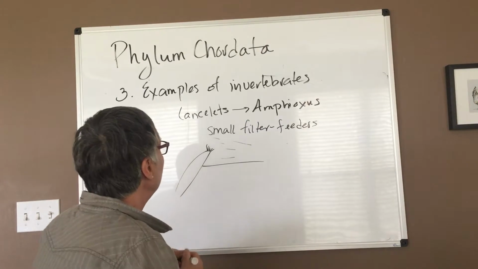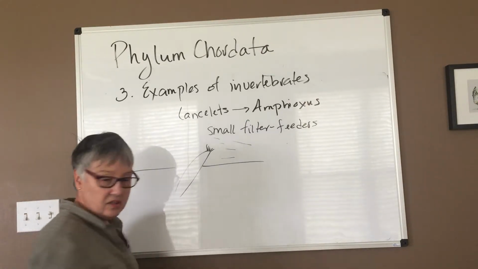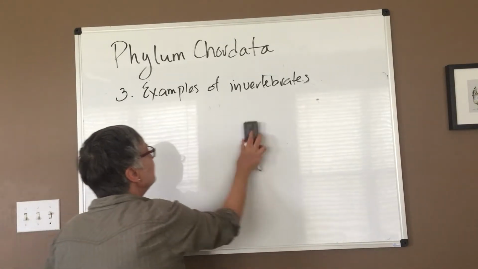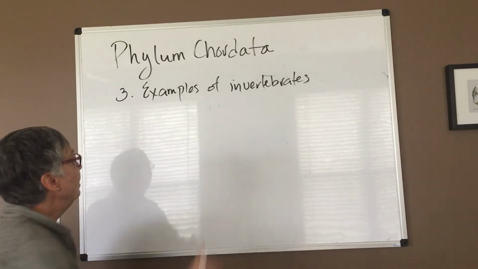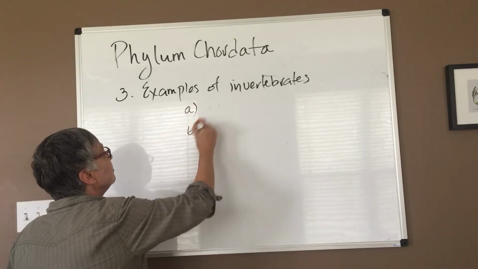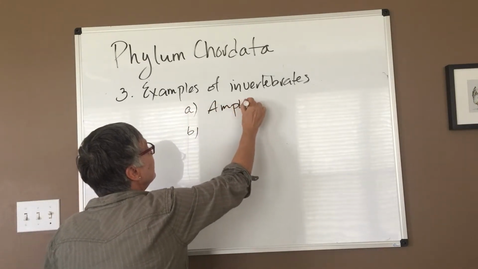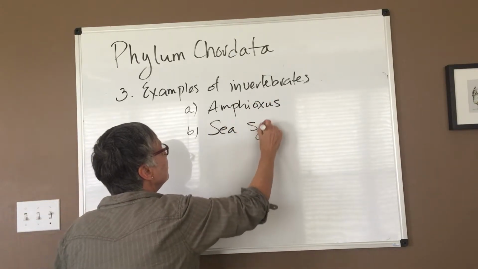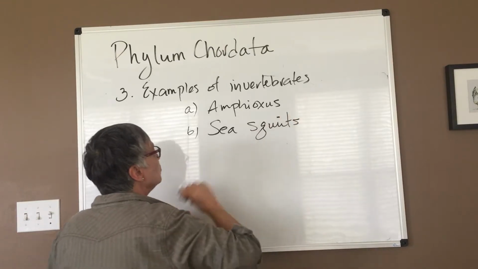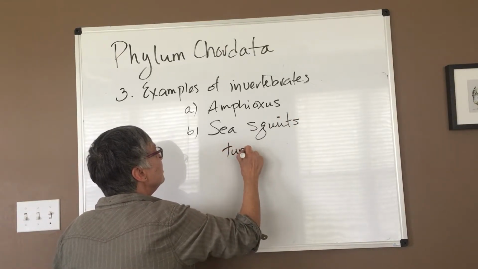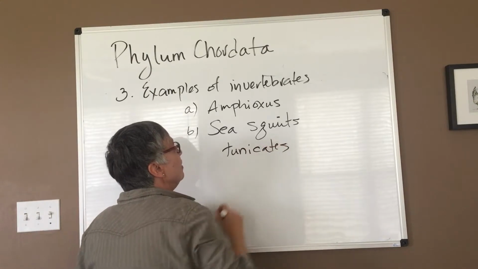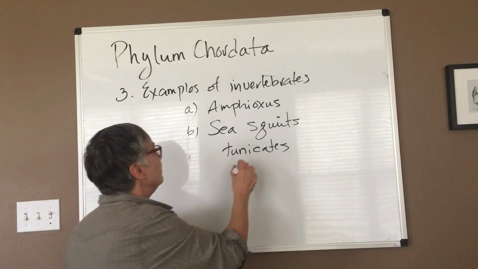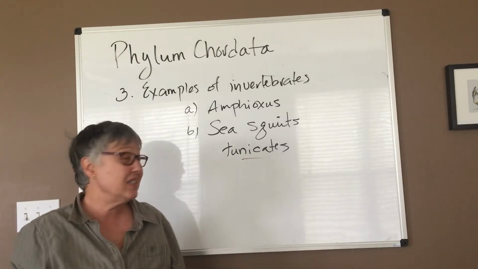All right, in addition to Amphioxus are the lancelets. There are a group mentioned in your book, so I'll mention them here. So that was A, Amphioxus. And B are a group that are called, common name, sea squirts, a more rigorous classification would be that they're called tunicates.